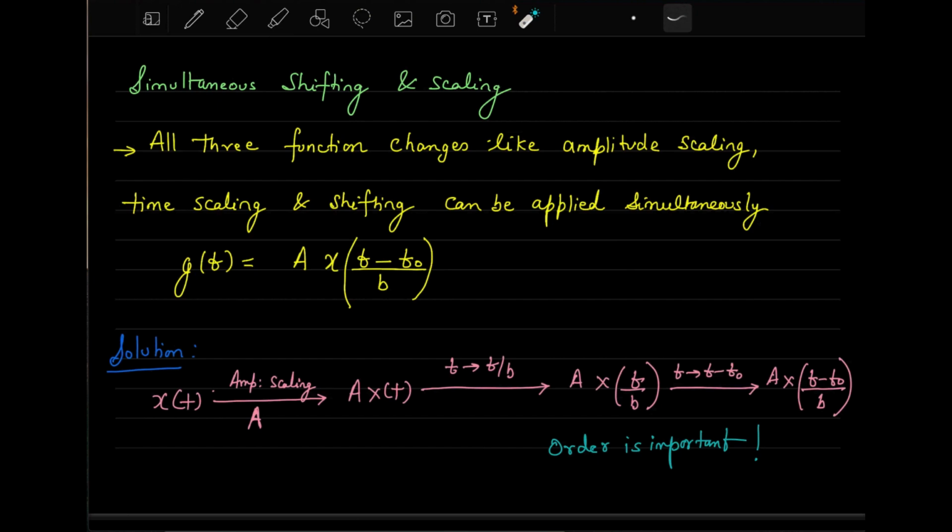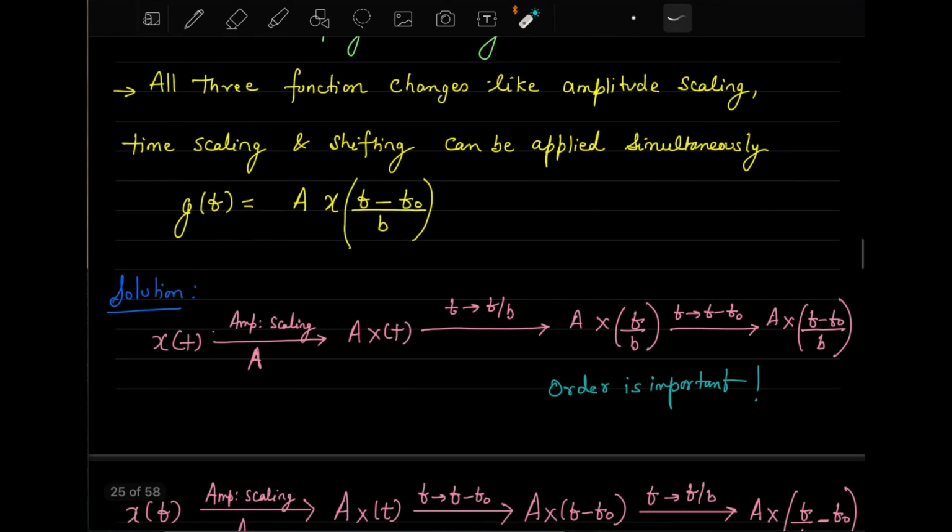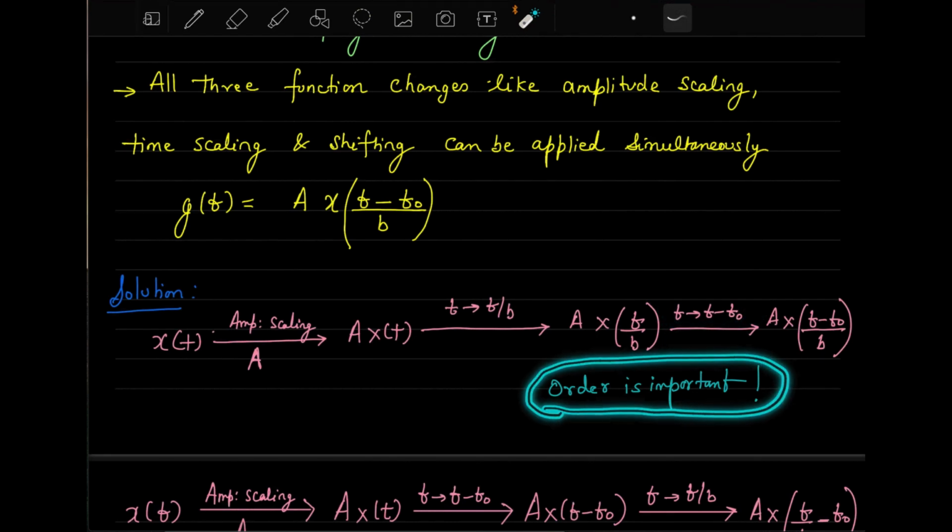If that is the situation, then we saw that there is a particular way of doing it. That is, once you amplitude scale, then you scale the time, and then you do the time shifting operation. So what we saw is order is important here. You have to go in this format.